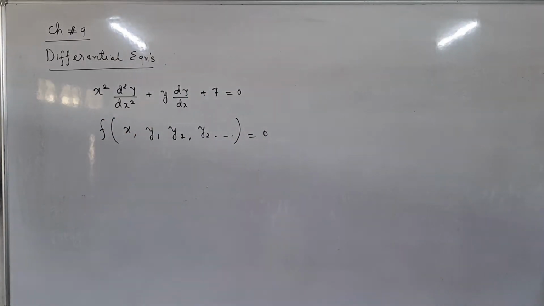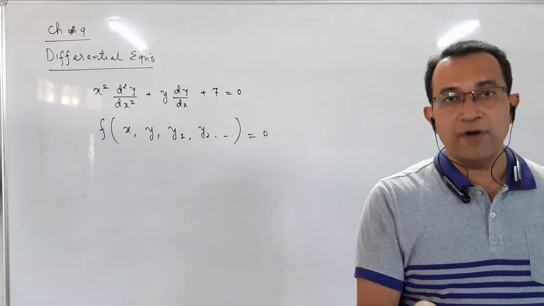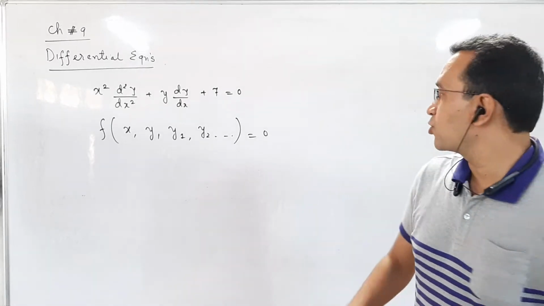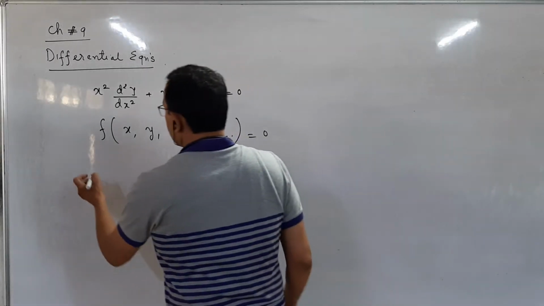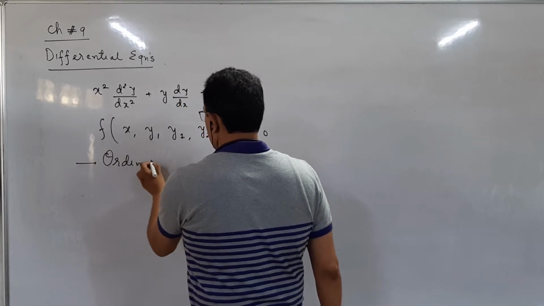Then our textbook, students, has given the definition of an ordinary differential equation. A differential equation consisting of derivative of dependent variable y with respect to only one independent variable x is called an ordinary differential equation. This is interesting.